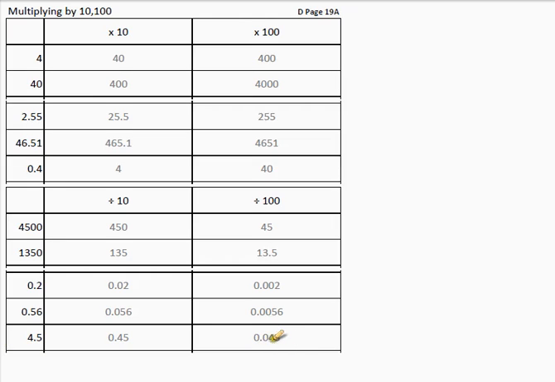So it's 0.045. Okay? Times by 10, you take the point and move it on 1, and there comes a 0 there. You times by 100, point, move it 1, 2. That's why we add 2 zeros, okay? Pause the video and check.